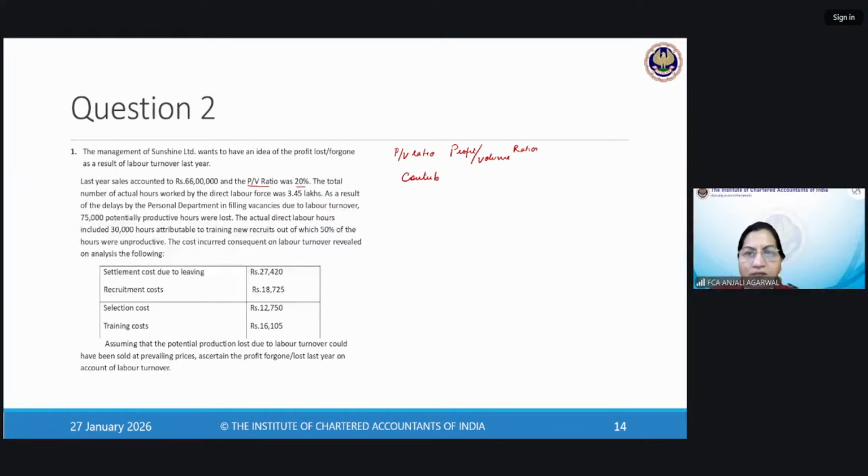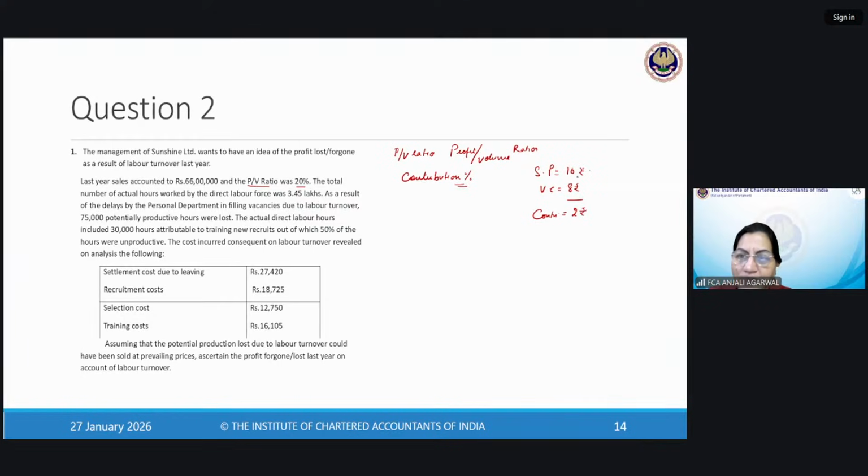So maybe you've not done the marginal costing chapter as of now, but just see that if you have a selling price of 10 rupees and variable cost of 8 rupees, then your contribution is 2 rupees.